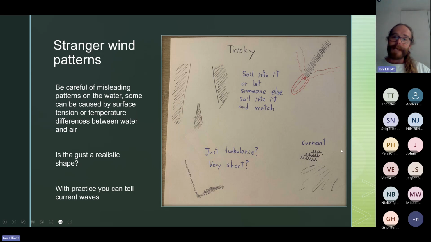Because if you sail out of your way to get into this choppy water because you think it's more wind, you're now sailing downwind on a treadmill. You're not making the same distance down the course if you sail into current waves. You have this awkward situation sailing downwind where you want to get into current that is pulling you in the right direction, but you don't want to sail into a lull.